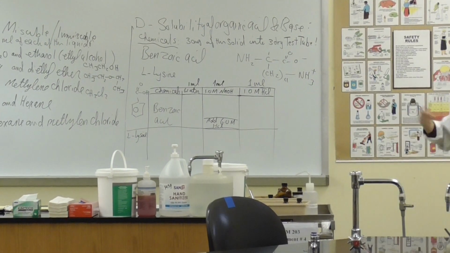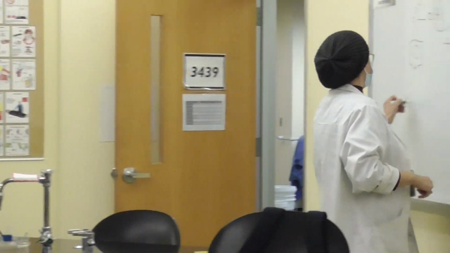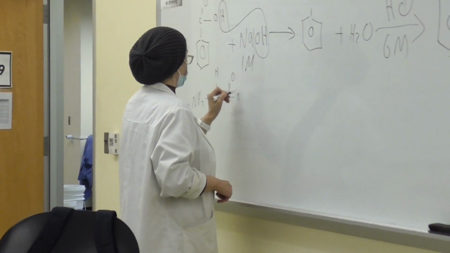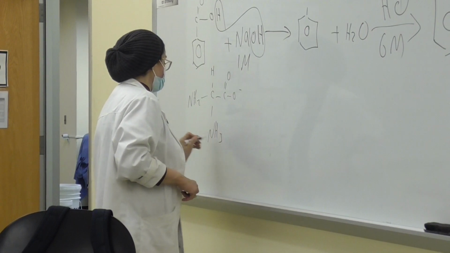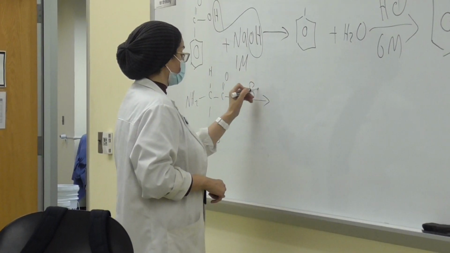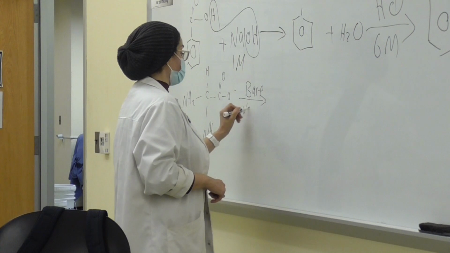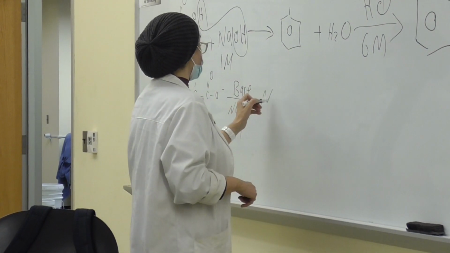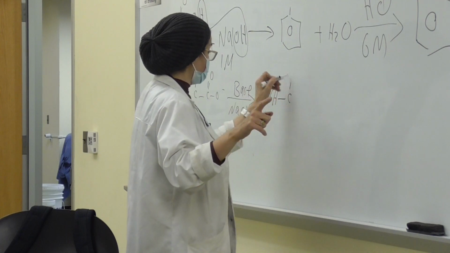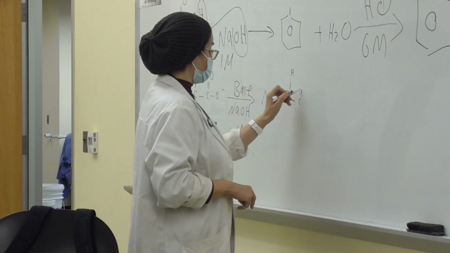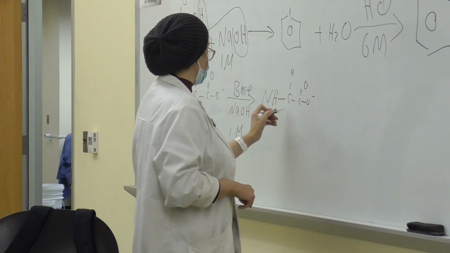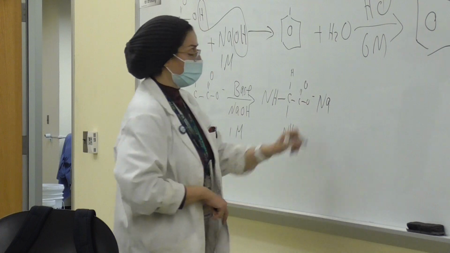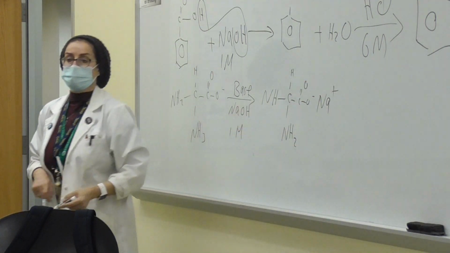So in the same manner, when I have NH2, and then I have CH, and I have C double bond O minus, and here is NH3, in the presence of base, which is NaOH, 1 molarity, we're going to end up having that compound neutral. HC double bond O minus, and then here it is going to be NH2, and here is the Na plus. That's how it's going to look like.